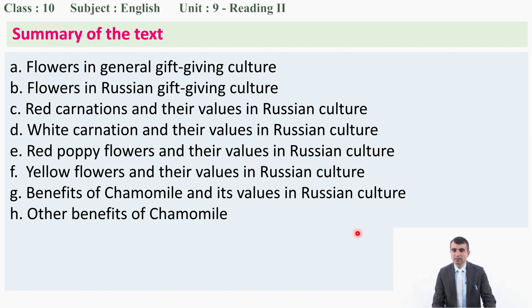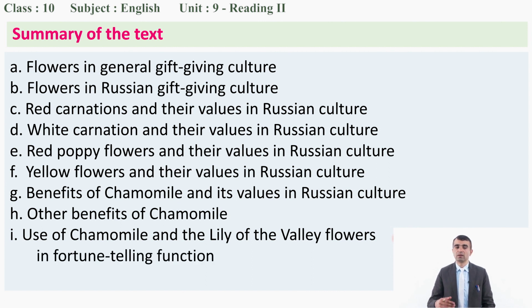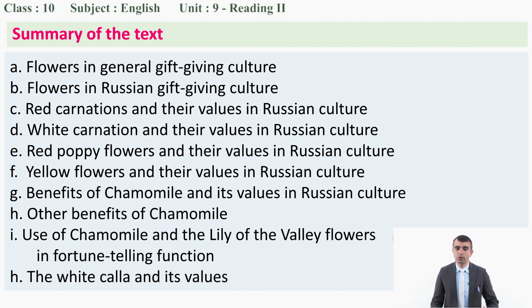Next paragraph again, what is it? Well, use of chamomile and the lily of the valley flowers in the fortune telling function. And finally, the last paragraph is about the white calla and its values.